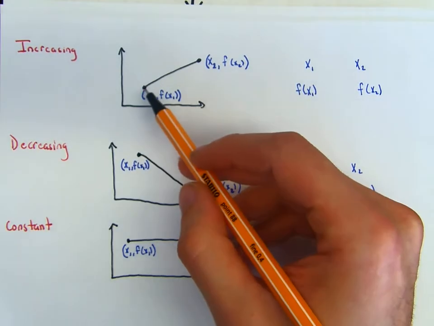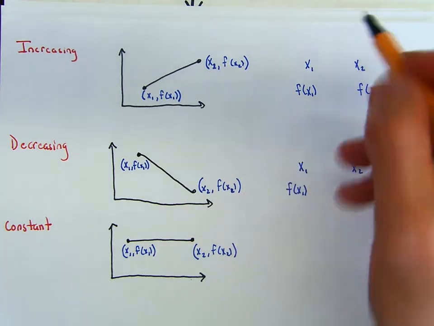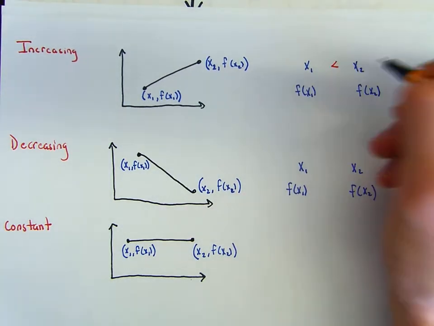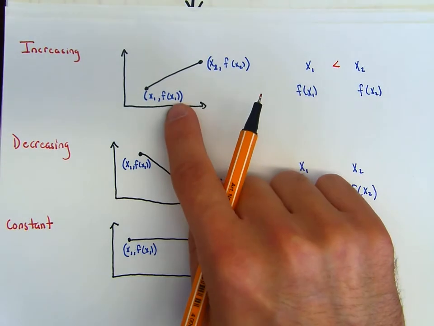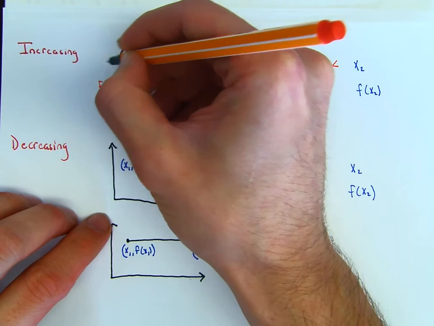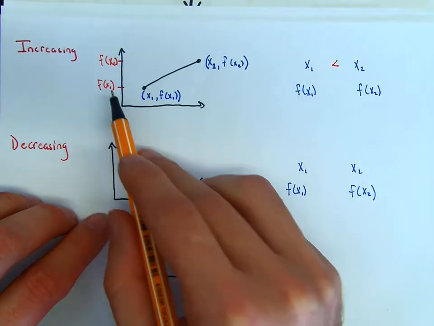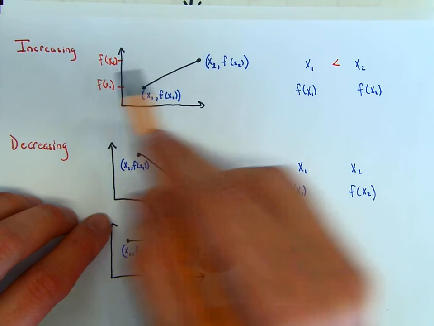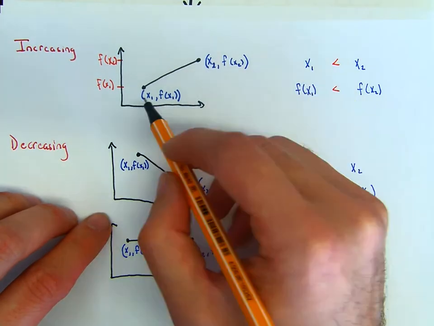Here, for this point x sub 1 and for this point x sub 2, notice x sub 1 is less than x sub 2, and this is f of x sub 1, and this is f of x sub 2. We know that x sub 1 is less than x sub 2, so then the graph must be increasing from this part of the domain, from x sub 1 to x sub 2.